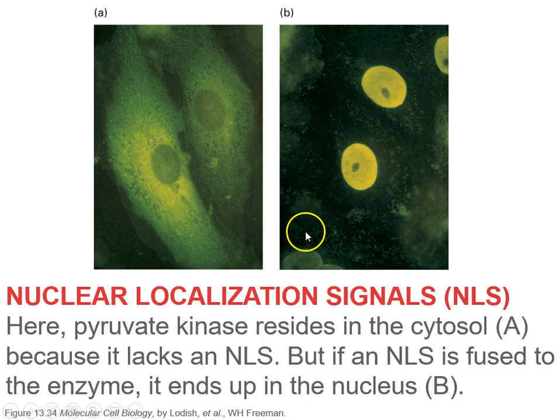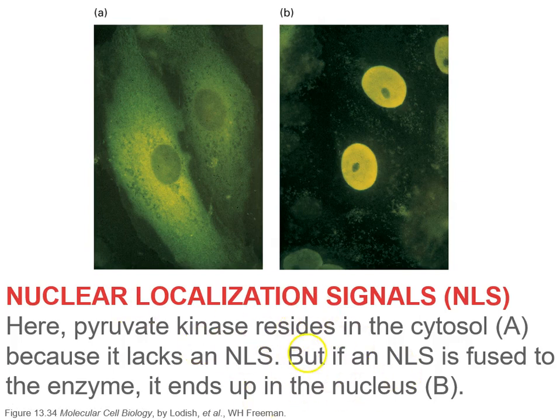You can also maybe have a little fun with this and see if you can get things in the nucleus that aren't supposed to be there. Pyruvate kinase, you might remember, catalyzes the last step in glycolysis, and it's supposed to be in the cytosol because that's where glycolysis takes place. Accordingly, pyruvate kinase doesn't have a nuclear localization signal, but you can fuse one.